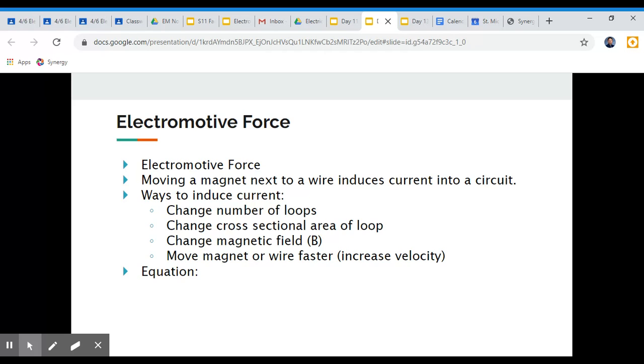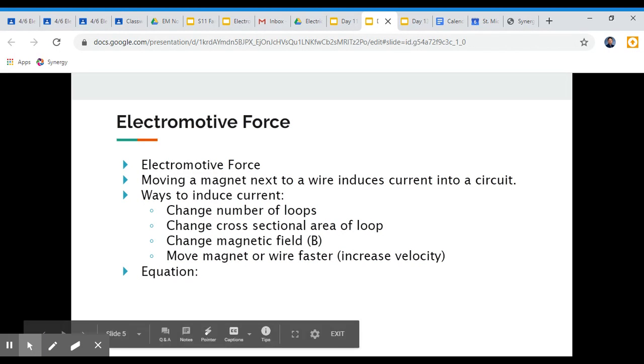We're literally just creating a circuit, just like you normally would any circuit, but you're creating a giant coil in the circuit, almost like a spring, and you can send a magnet through that coil, and that's what's going to induce current into that circuit.